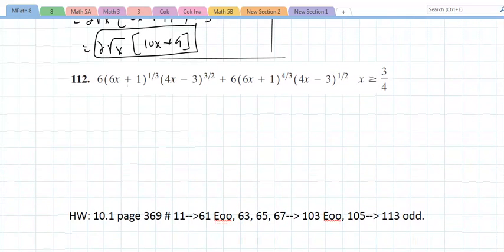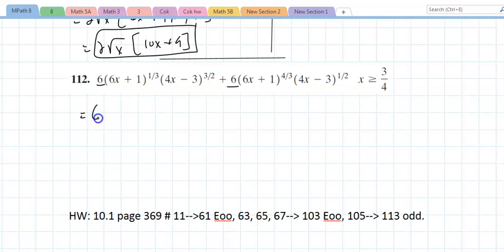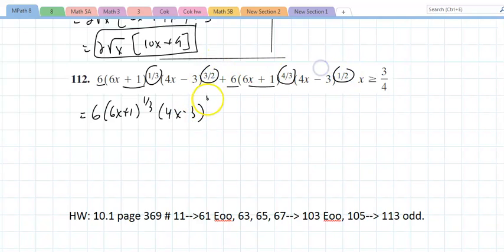And the last problem, I notice there's a 6 in both. I factor that out. They both have 6x plus 1. 1/3 and 4/3. The smaller is 1/3. And they both have 4x minus 3. 3 halves and 1 half, 1 half. When I take this divided by this, the 6's cancel out. Those cancel out.